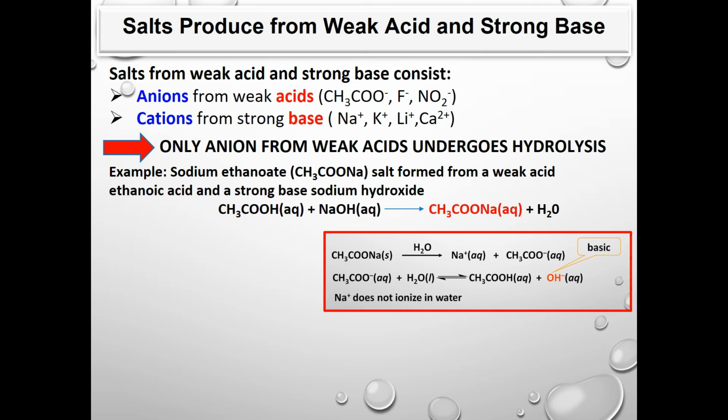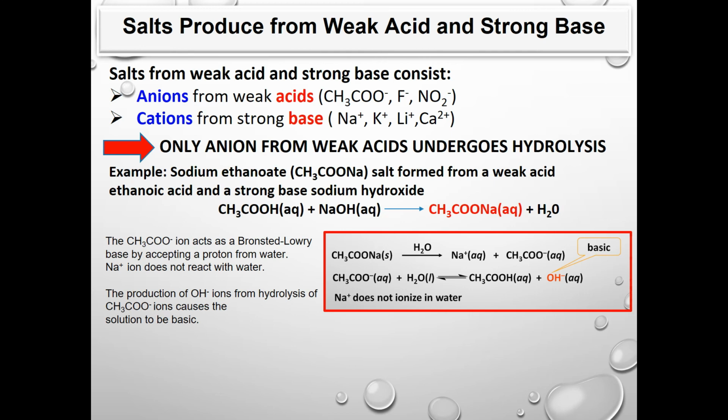The second equation shows that the ethanoate ion acts as a Bronsted-Lowry base by accepting a proton from water. Sodium ion does not react with water. The production of hydroxide ions from hydrolysis of ethanoate ions causes the solution to be basic.